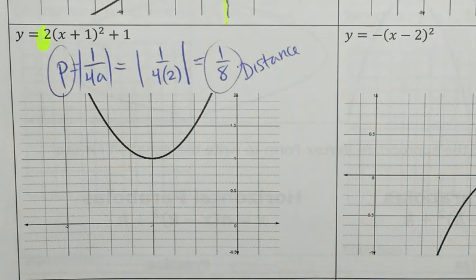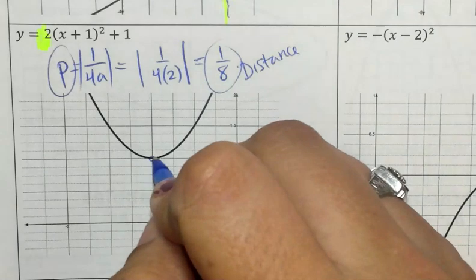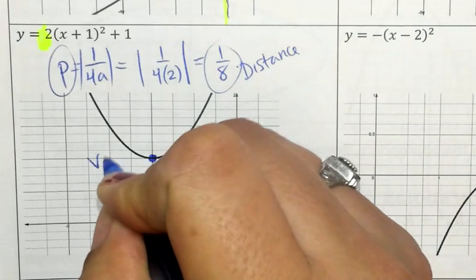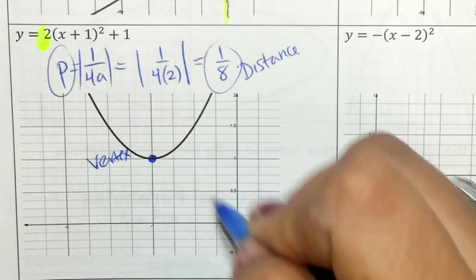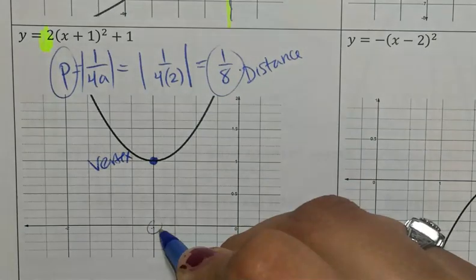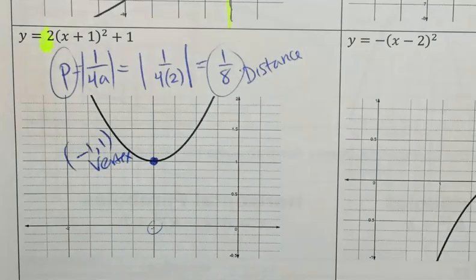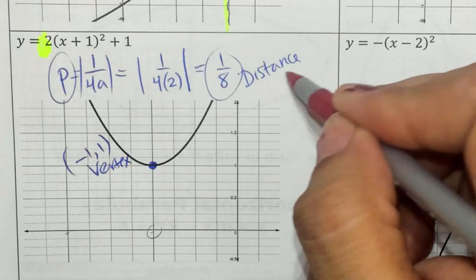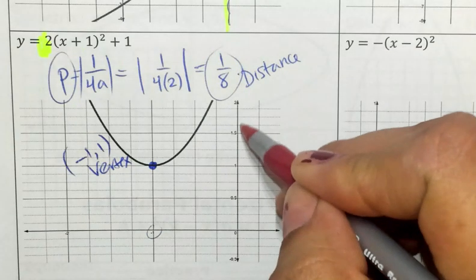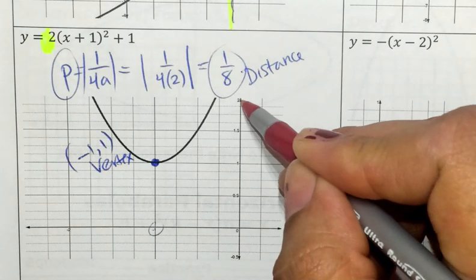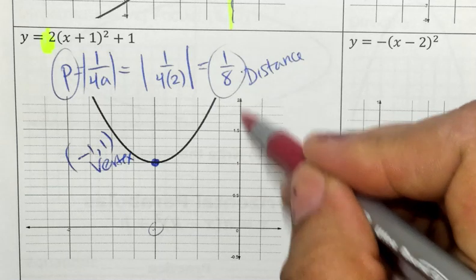So we have to look at the vertex. The vertex is right here, and that is a -1 on the x and a +1 on the y. So then we have the distance of 1/8. In class, I taught you a little bit about how to check where 1/8 is.